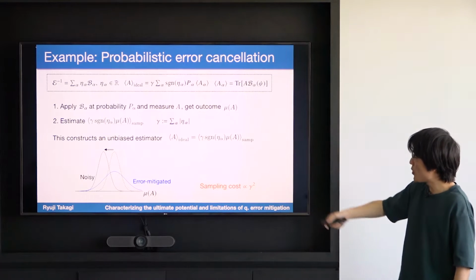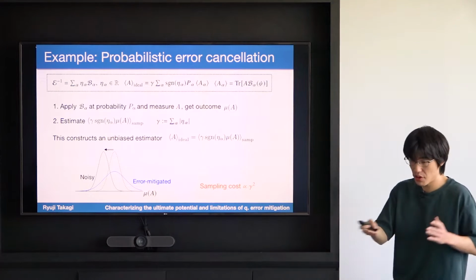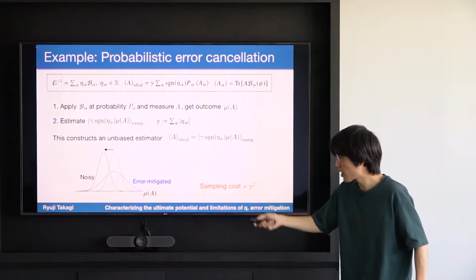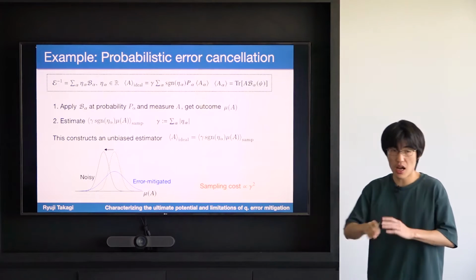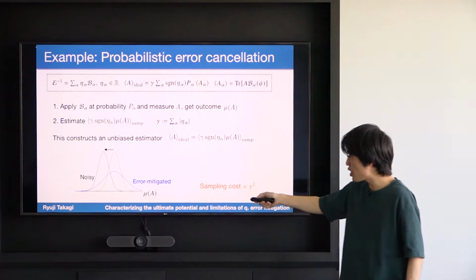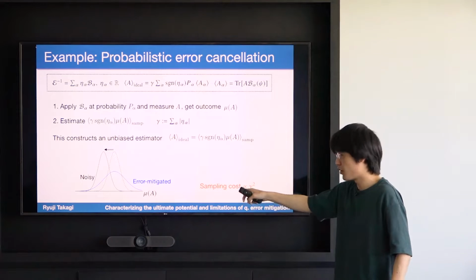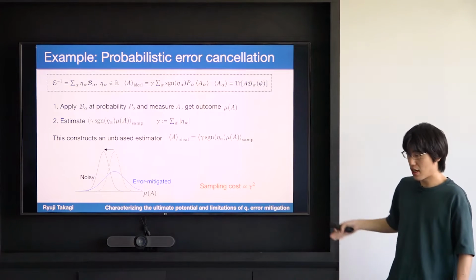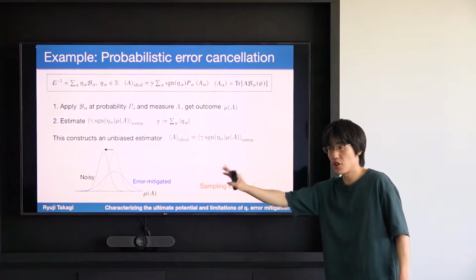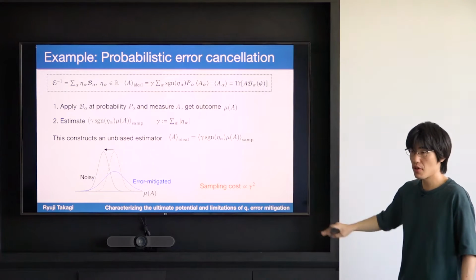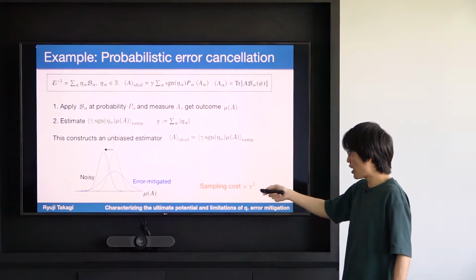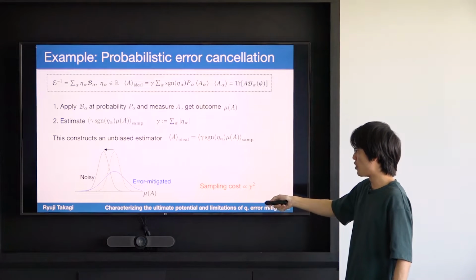Then what this probabilistic cancellation is doing is trying to shift this noisy distribution back to the original place, but with the cost of a broadened distribution. So as you can see, the expected value of this, I call it the error-mitigated distribution, shifts back to the original expected value of the dotted distribution. But this is broader than the original one.